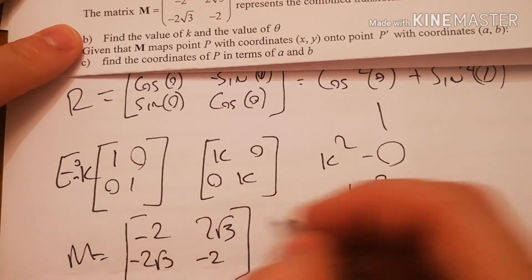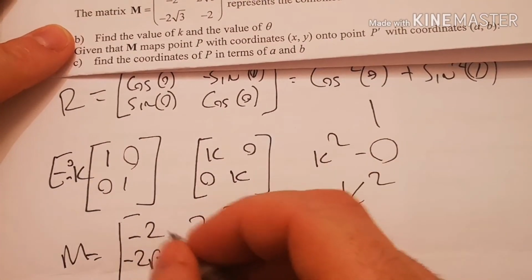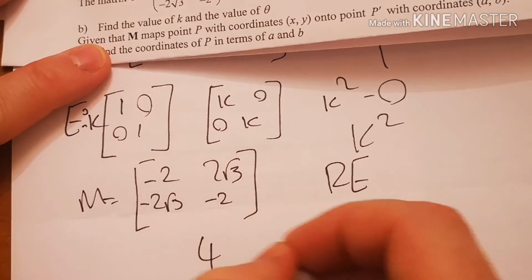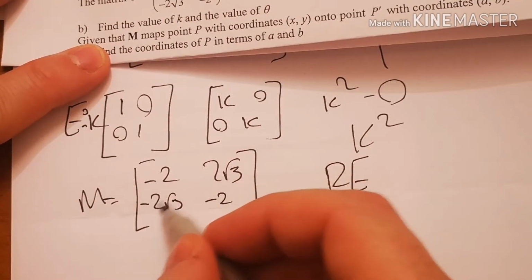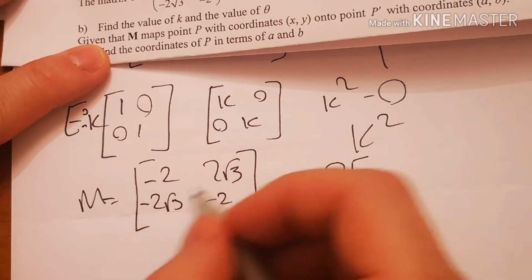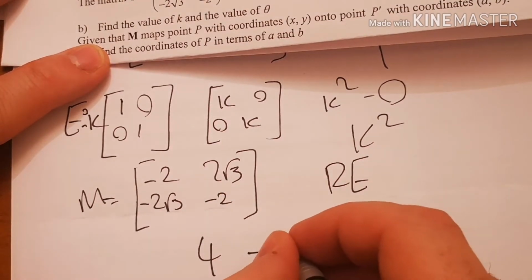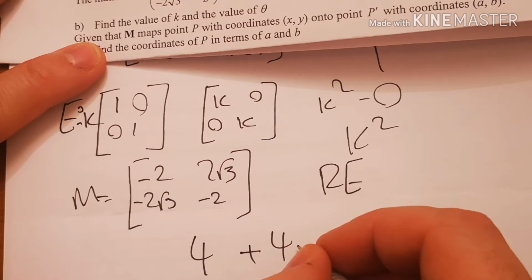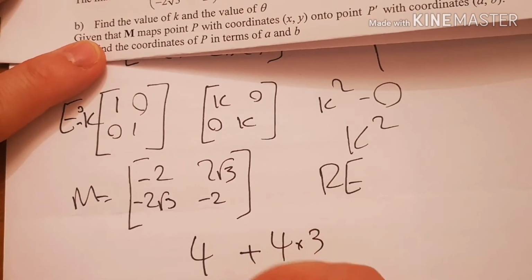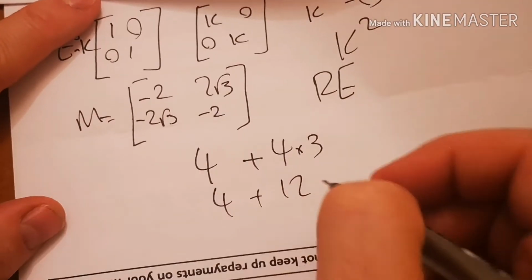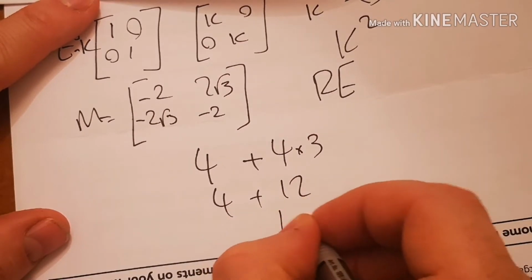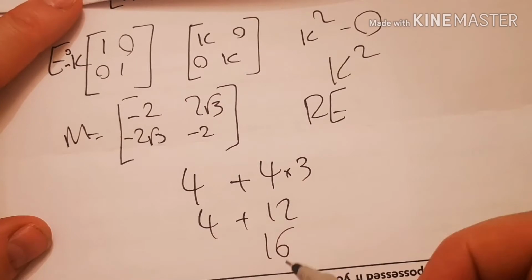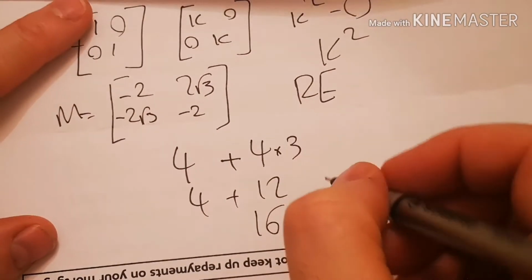So if we work out the determinant of M, we've got minus 2 times minus 2, which is 4. And we minus these two together. So I've got minus 2 times 2, which is negative 4, which changes into a positive. Root 3 times root 3 is 3, which is 4 plus 12, which is 16. And I know this is going to be the same as my determinant here, which is k squared.